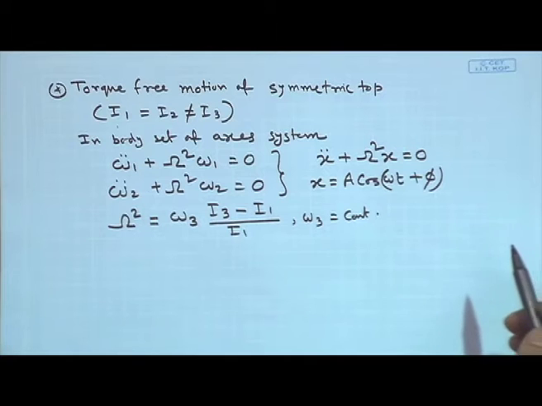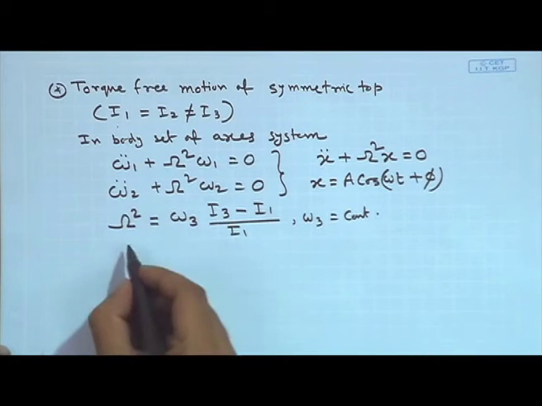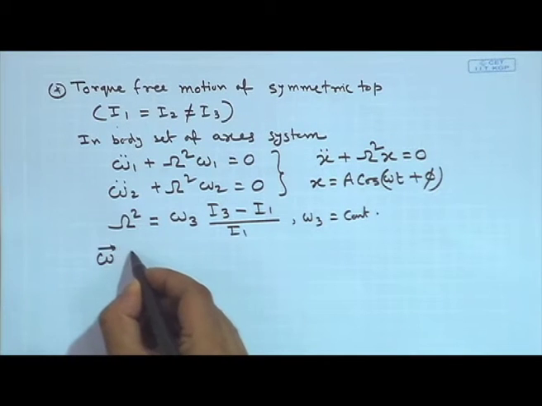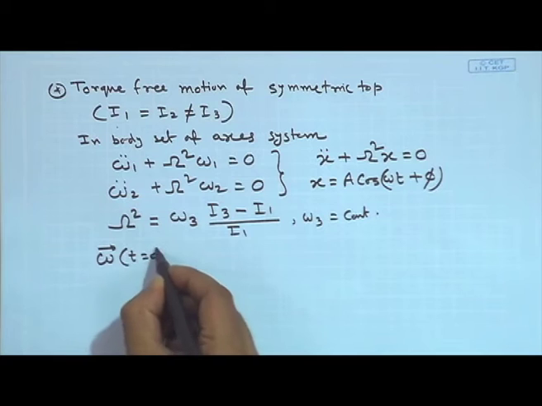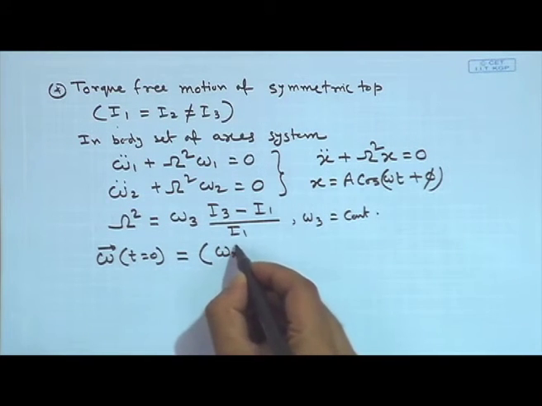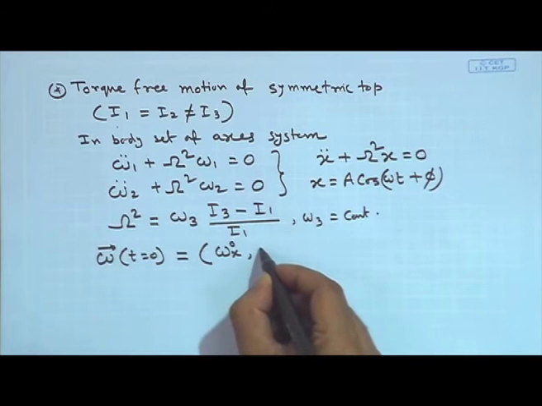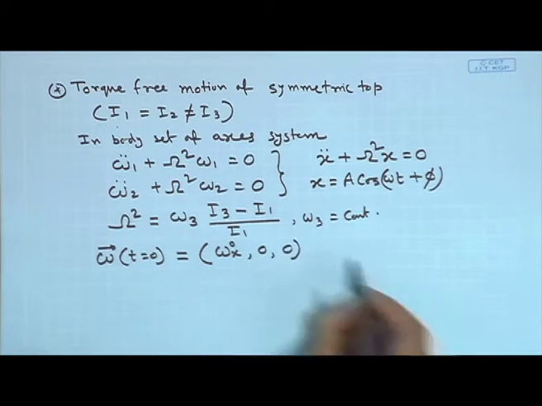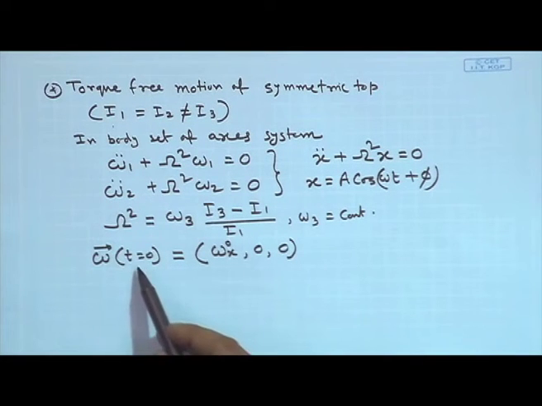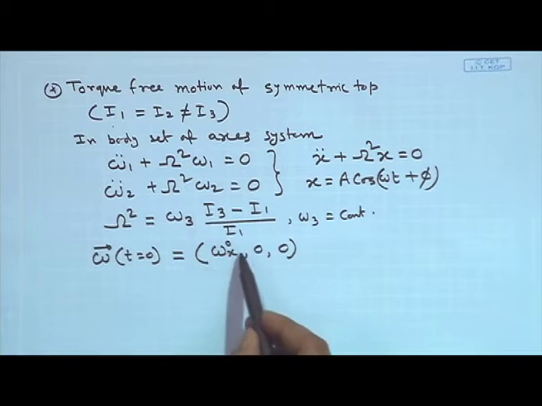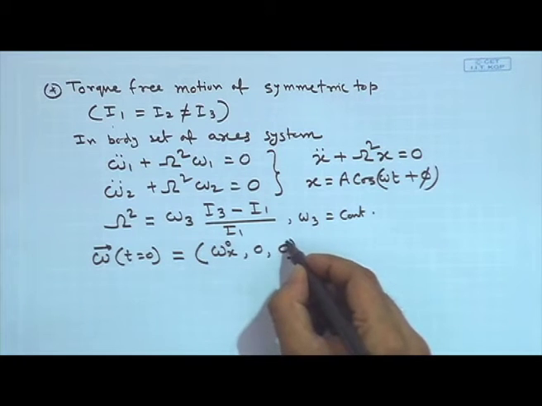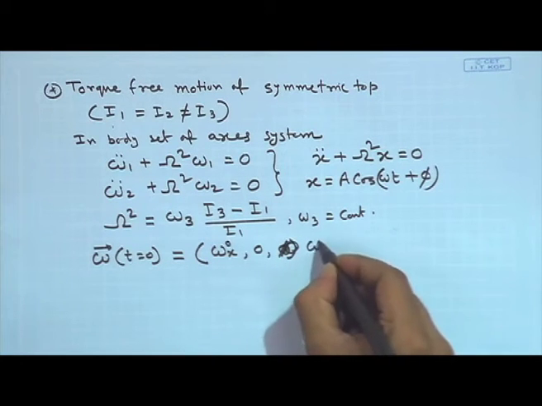Now, in order to solve this set of equations, what we can do is set that omega at time t equal to 0 was omega x, 0 and 0. So, that means at time t equal to 0, only the x component of omega existed, and of course, omega 3 is a constant. So, you have to put omega 3 here.